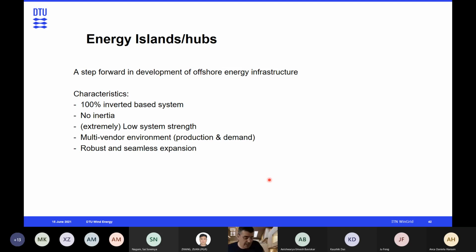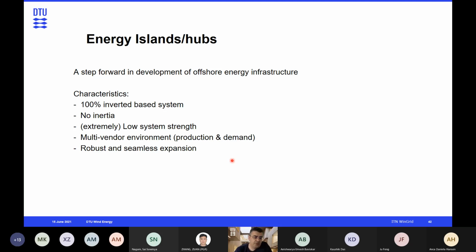And not only that: if you think about them, they are 100% inverter-based systems, since they are DC connected. They have basically no inertia, very low system strength, with only inverters, and they're going to be a multi-vendor environment, with both production and maybe some demand in the medium term, if you have power-to-X, electrolyzers, or other things there.